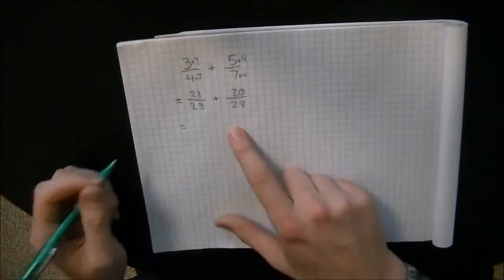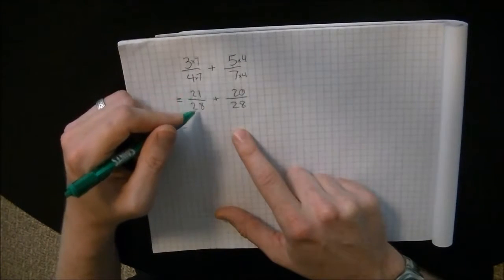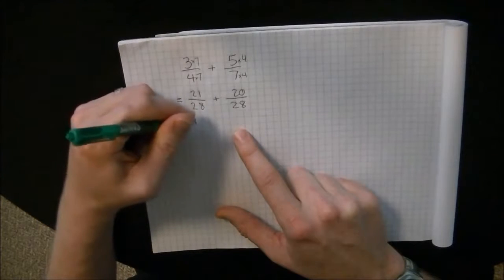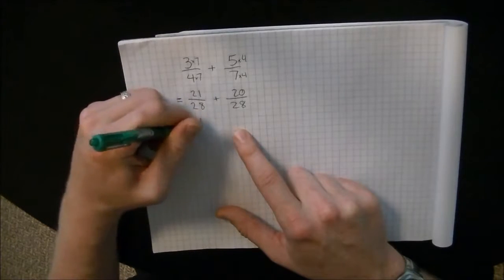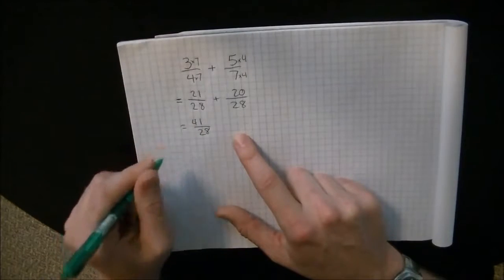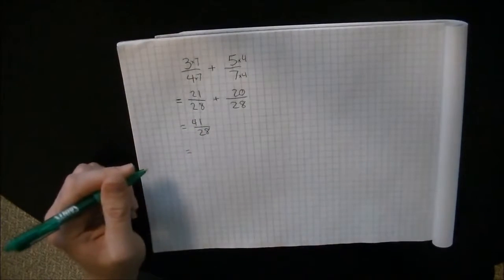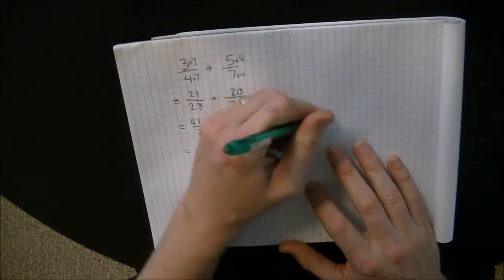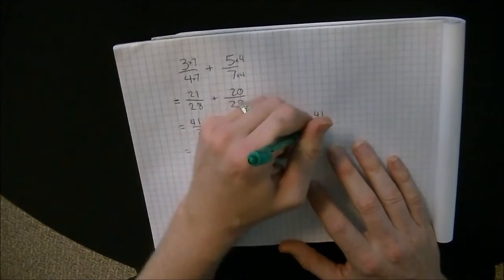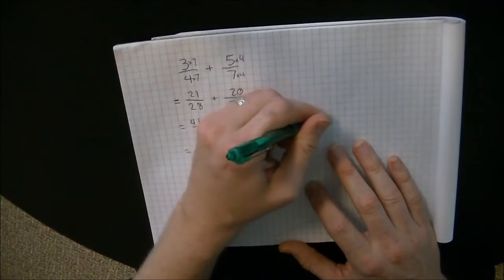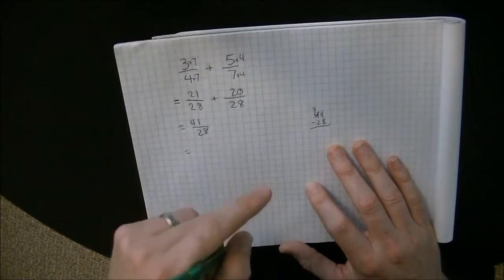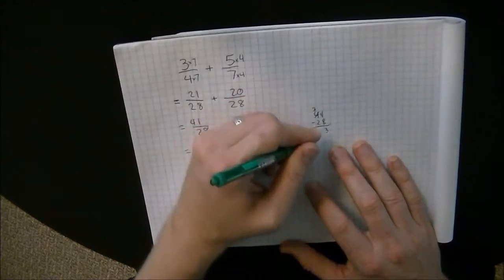So what I get now is 21/28ths plus 20/28ths, which leaves me with 41/28ths, which I can reduce to be, let's see, what is 41 minus 28 anyway? Gotta borrow. 11 minus 8 is 3. 3 minus 2 is 1.